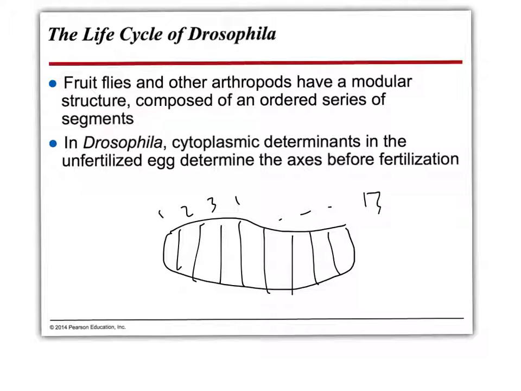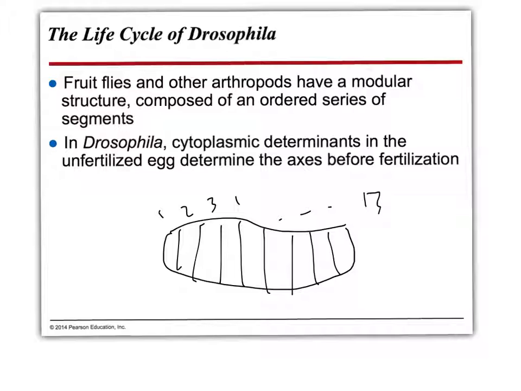So it's an ordered set of segments. And you'll see what this looks like in a second. But the cytoplasmic determinants of the egg actually determine where those segments are.